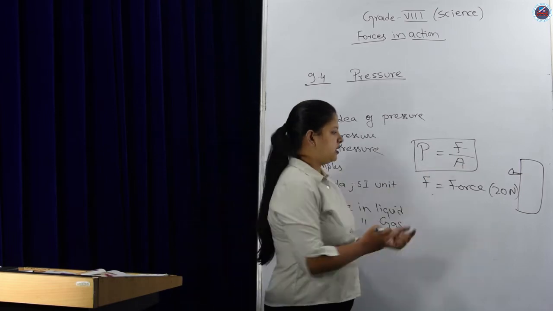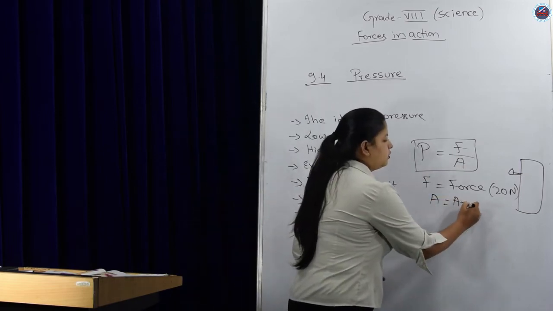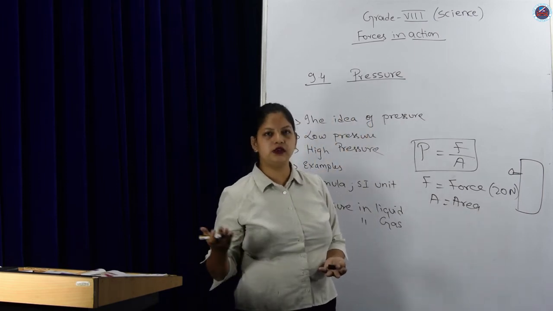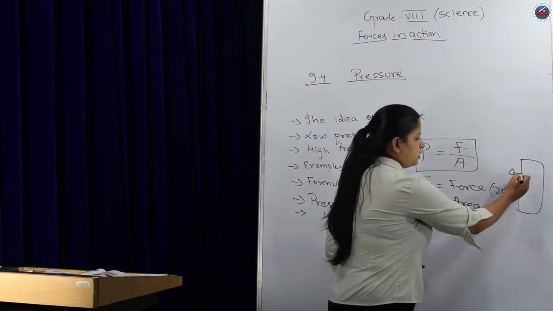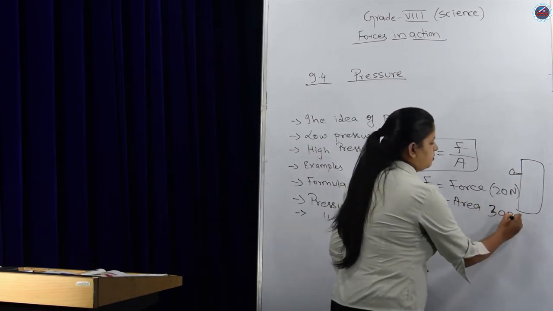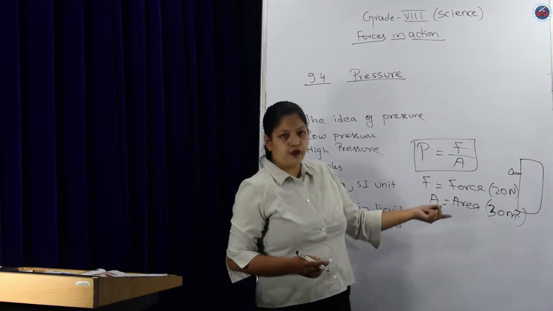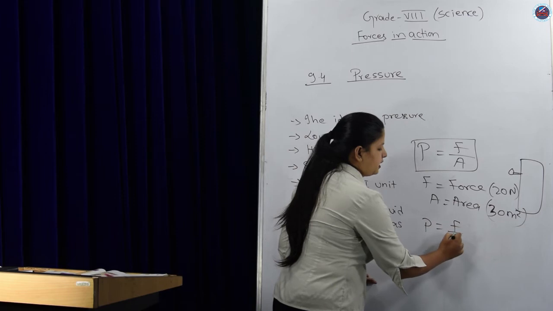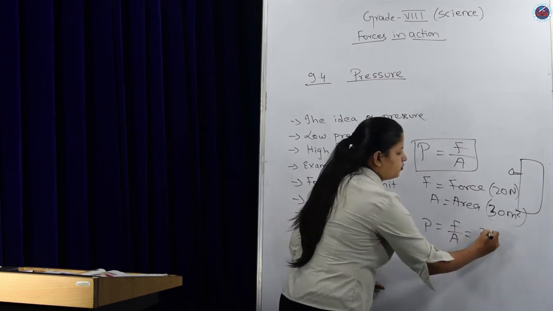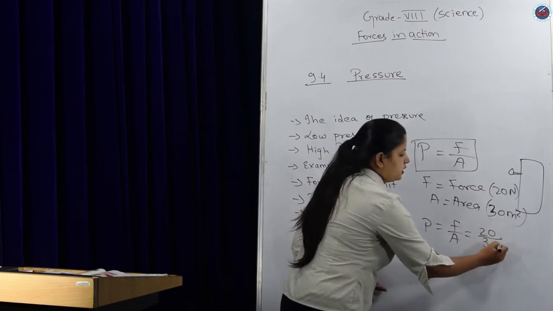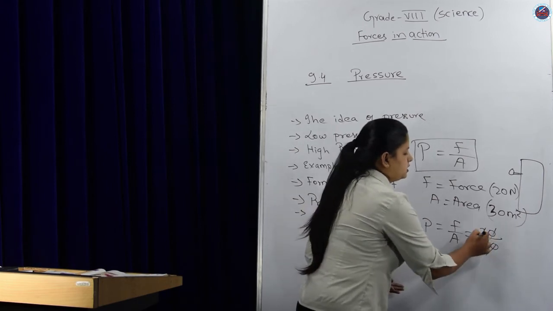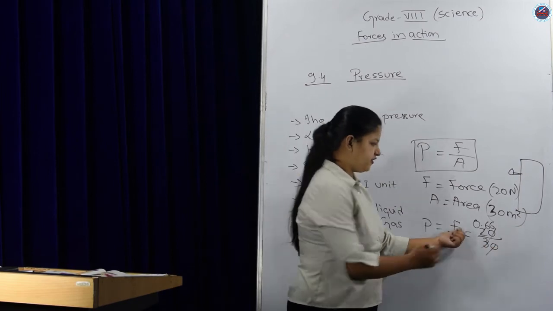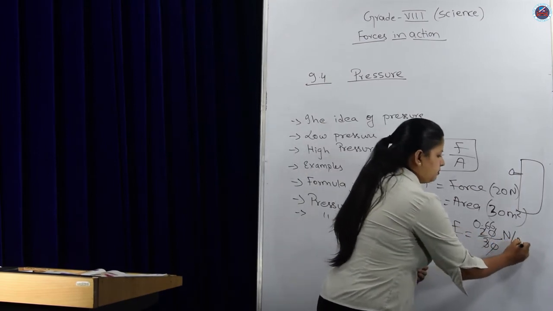And A stands for area. Now you know that the area of any figure we always calculate in square centimeters or square meters, whatever. So for example, if it is taking 30 meter square area and we want to calculate how much pressure it is taking, then we have the formula P is F by A. In place of F we will put 20 and A 30, and you get 0.66. Now the SI unit is N by meter square.